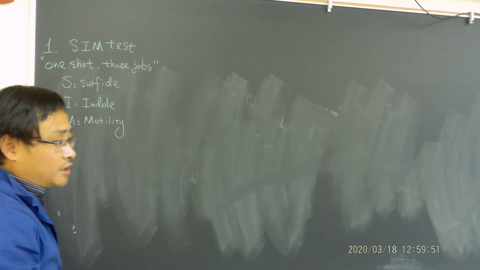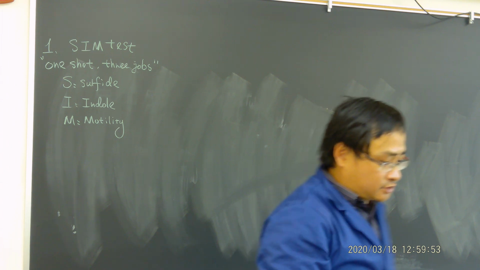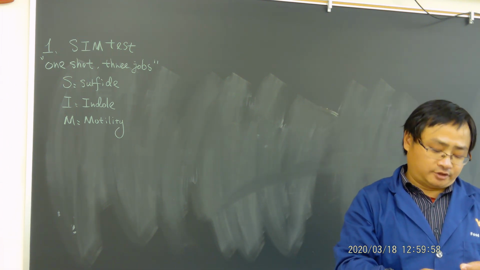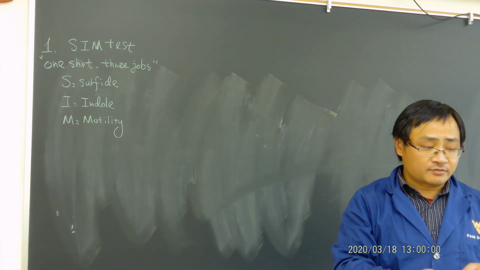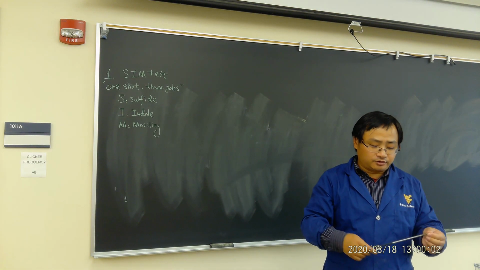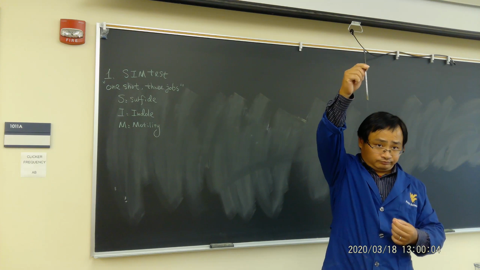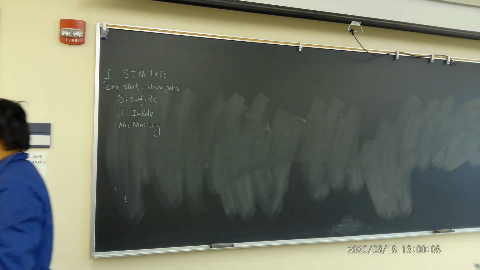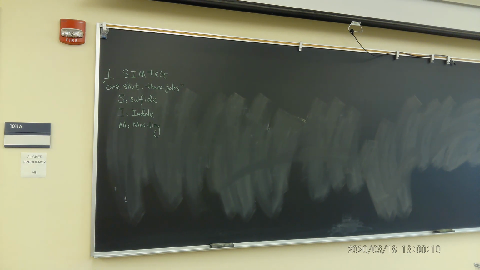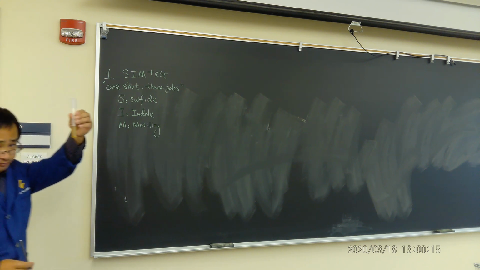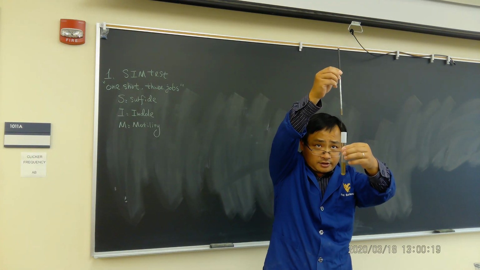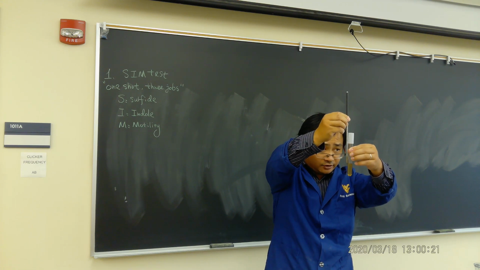Now, this test is a little bit different from what we did before. We have been using a loop the whole semester so far. But this test we will use a needle. So this test is a little bit different. You need to have a needle ready. Then you have this tube. So you have a needle go inside straight like this.